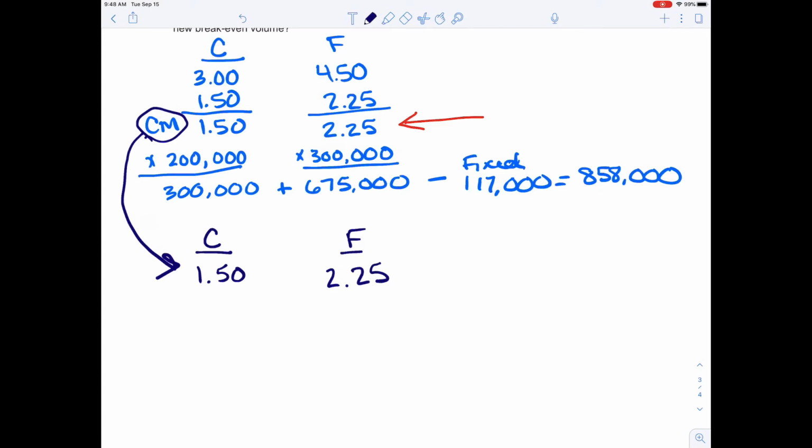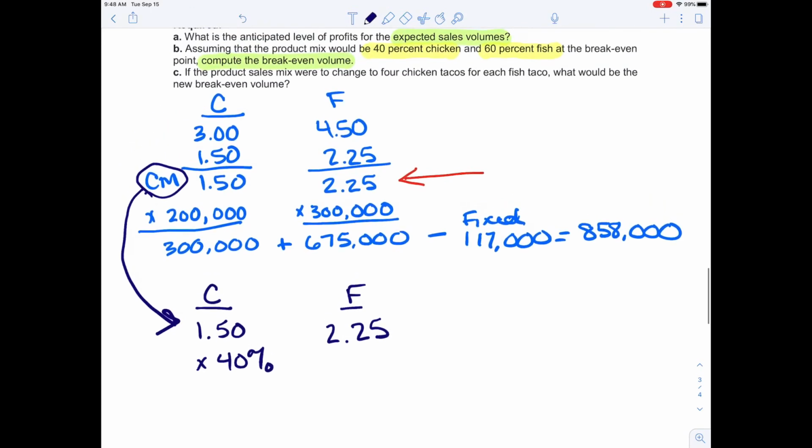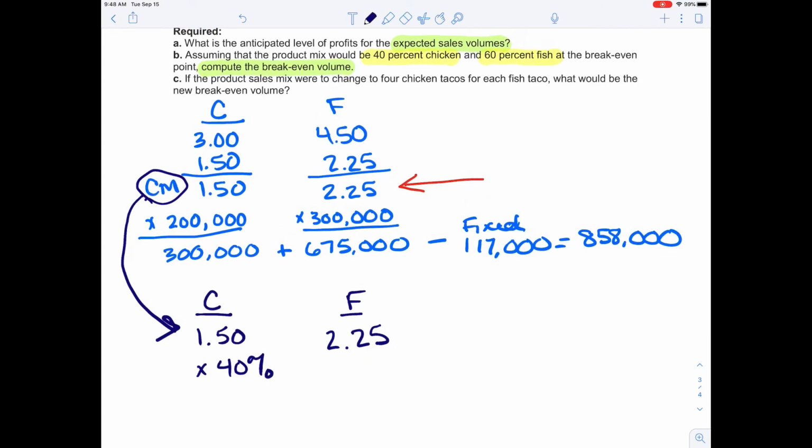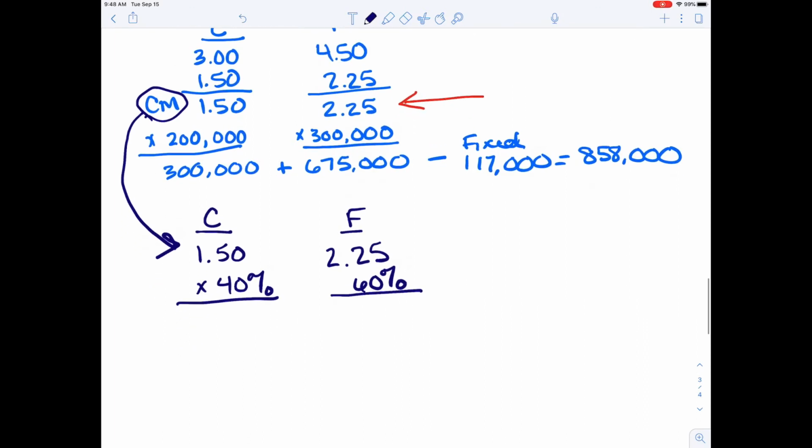I'm going to multiply that by my percentages that they tell me what my product mix would be. Once I multiply that, I get 0.60 here and $1.35 here. I'm going to add those together to get my weighted average contribution margin.